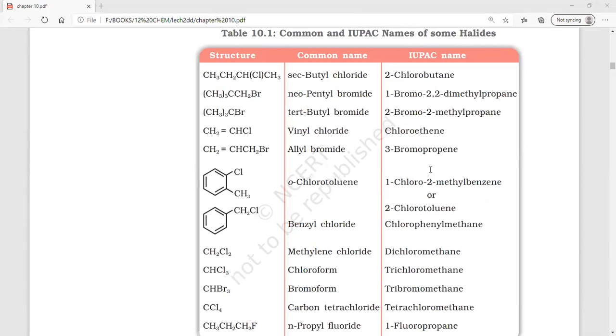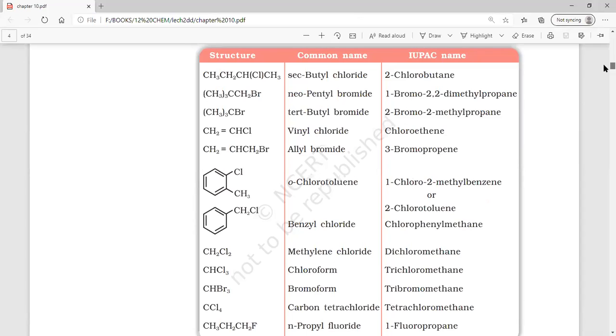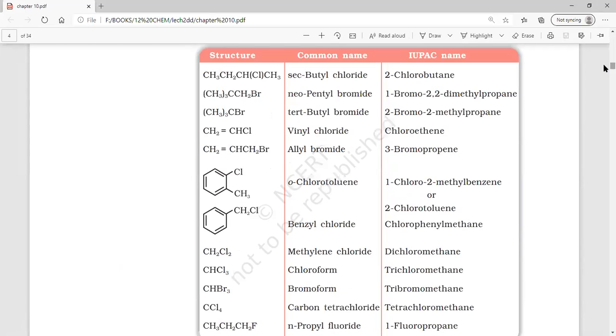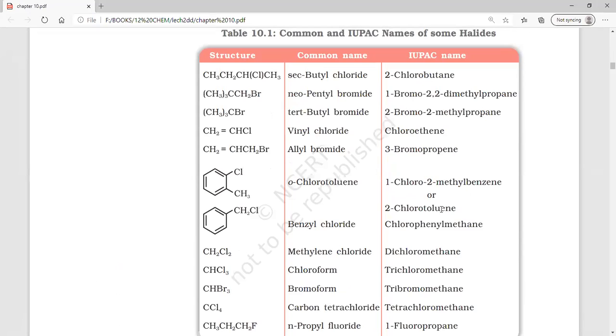When you do that, you may do it correctly or you may commit a mistake. If you commit a mistake, then refer to the textbook again and correct yourself. Okay. So in that way, if I want to make a question, then I can make a worksheet out of it in which I can give you three types of questions. Write down the common name of the structures, draw the structures of the IUPAC names given, and give the common name of the IUPAC names given. In this way, I can give you questions from this table. So you can practice this table once, pick up your pen and paper and start practicing it. Unless you practice, you will not learn.